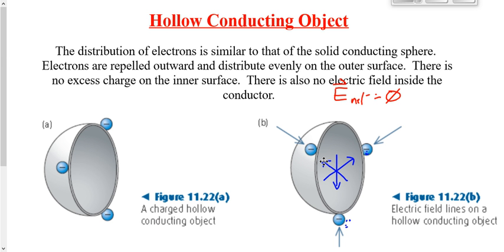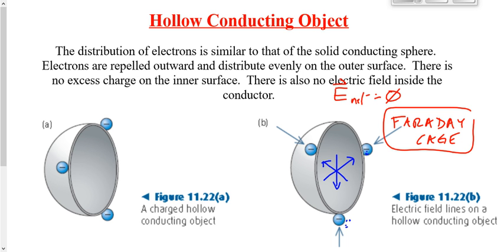The net electric field inside the car is 0, which means you can't be affected by that electric field, which means you're safe inside your car. We call that a Faraday cage. When you have a conductor with excess charge caused by whatever, the net electric field inside is 0.